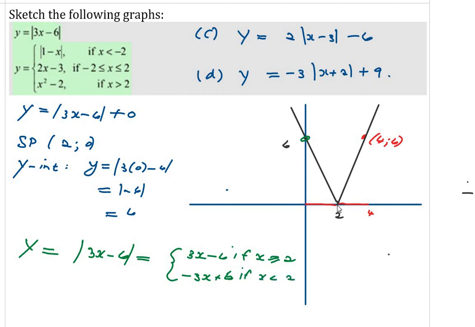So here at 2, I can only draw that line to the right of 2. And I can only draw this line to the left of 2. If you really did your job in your piecewise, this will not be anything funny for you.